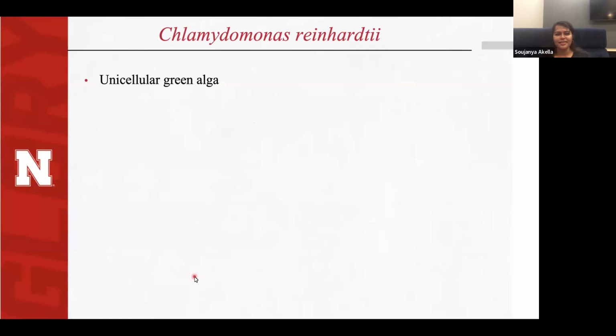It is a unicellular green alga, but it is still a eukaryote. Don't assume just because unicellular means it's likely prokaryotic, like bacteria or something. Naturally, it is an autotroph, which means it can use light energy and carbon dioxide to produce sugars, basically.